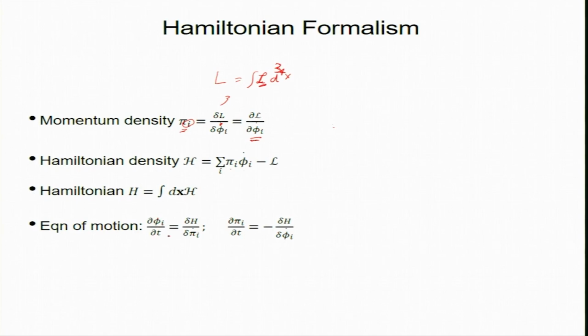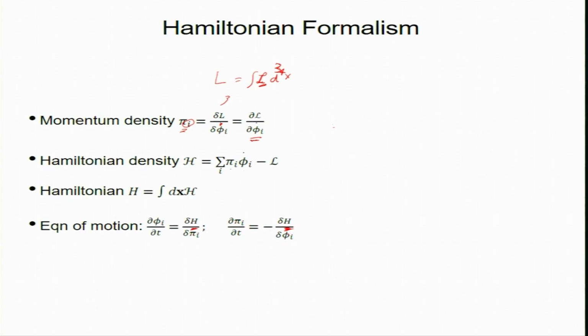Like we have x dot as the derivative of H with respect to p, we have phi i dot equal to delta H delta pi i, and pi i dot is minus delta H delta phi i.